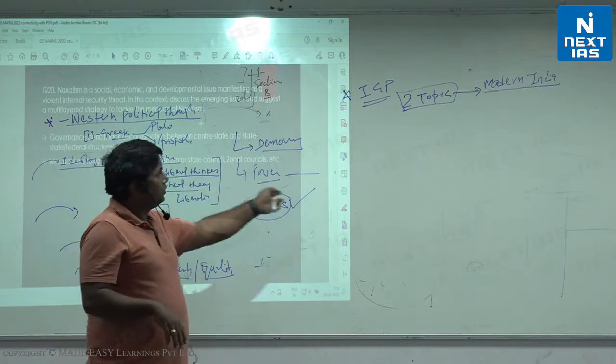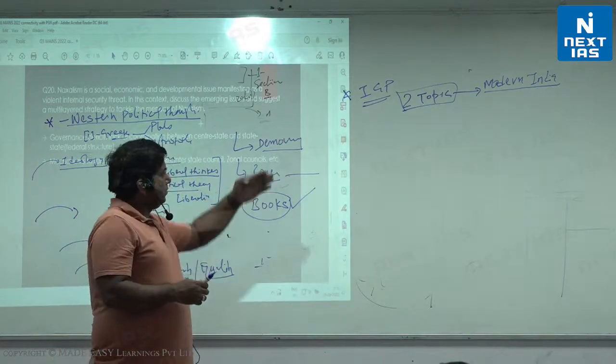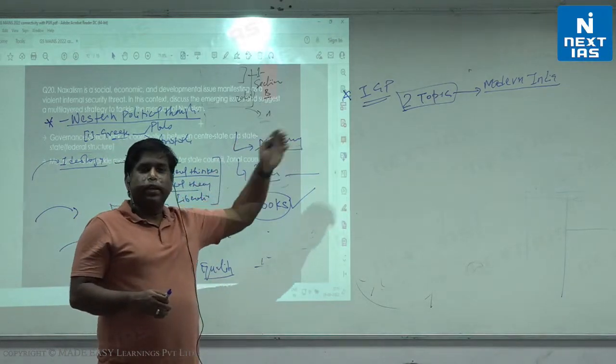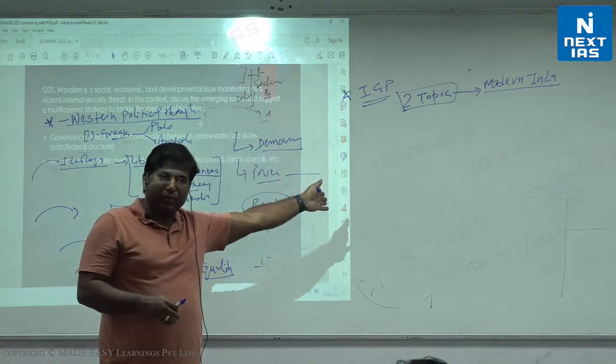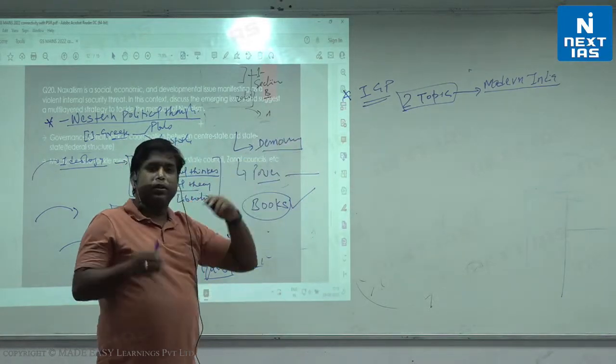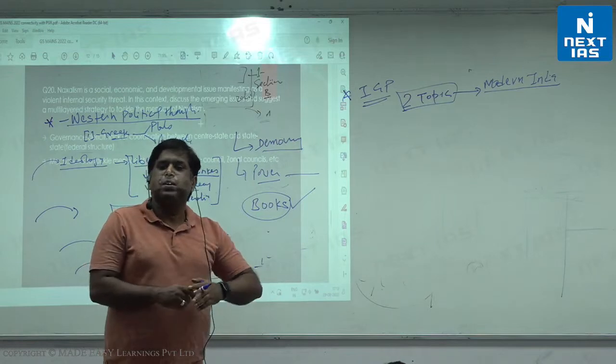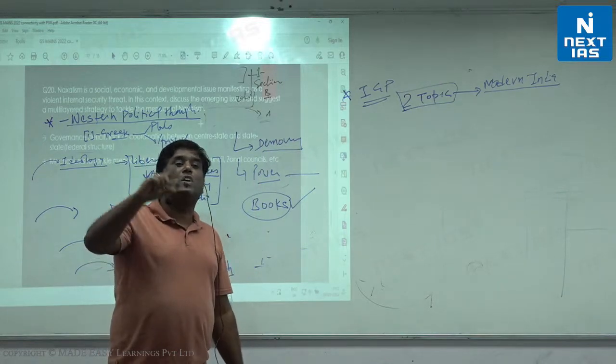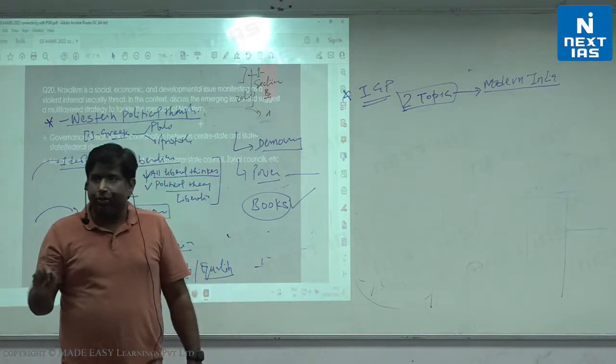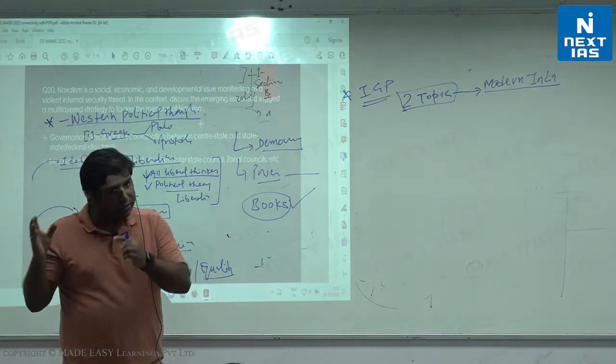From there onwards, you'll find out. So if you study modern history, then it is going to converge. Facts are going to be the same. There will be a slight difference in terms of approach, but the facts and events are going to be the same.